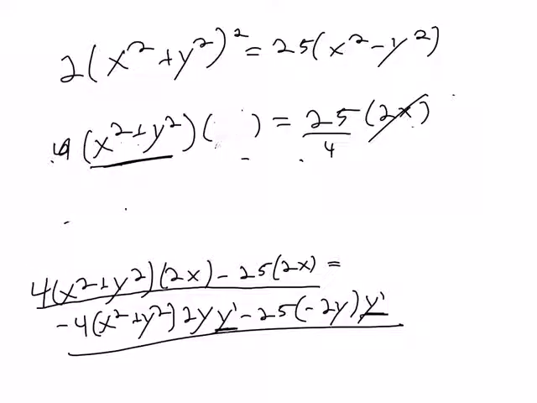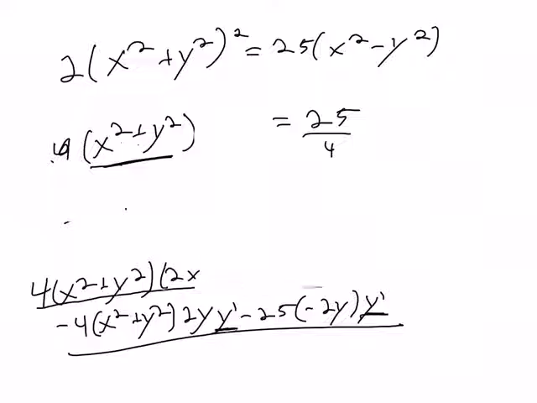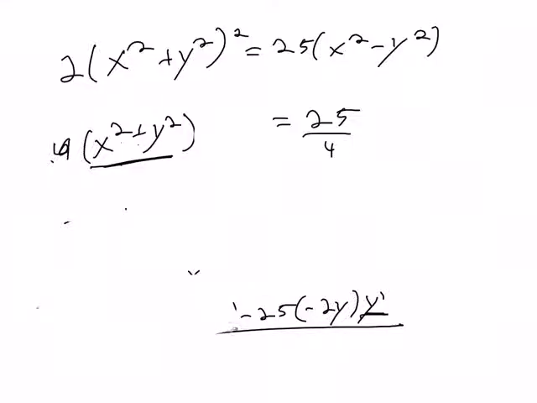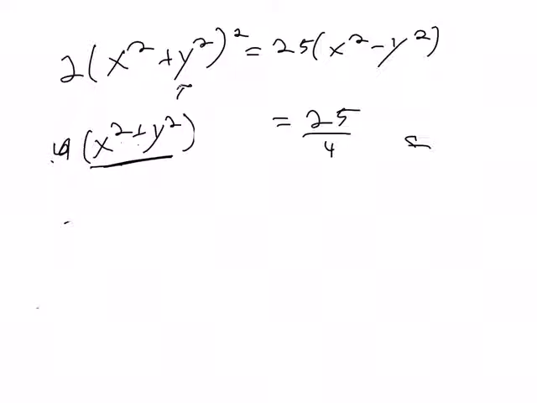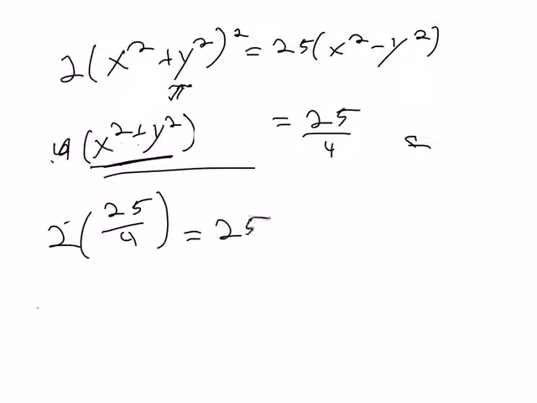We want points that both satisfy the equation of the curve that we were given, which can be found on top, and also satisfy this claim. So we can plug this in here, so we're going to get 2 times 25 over 4, right?